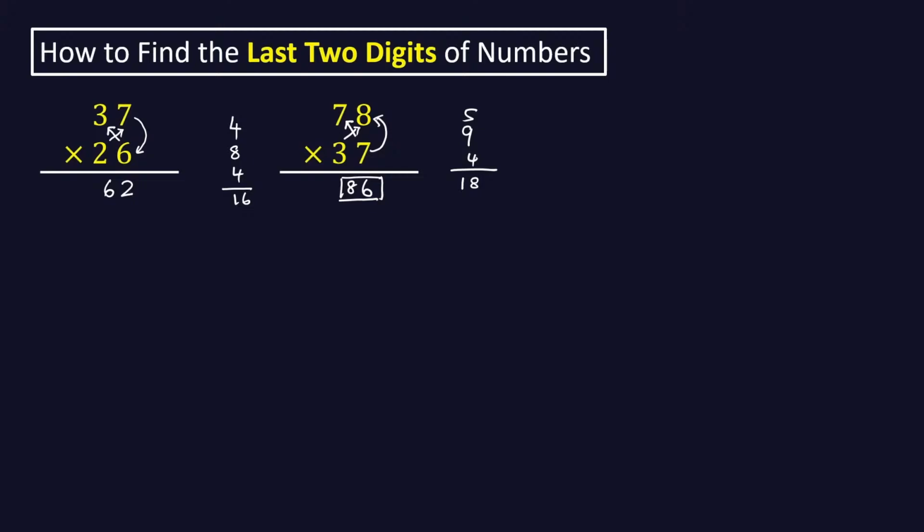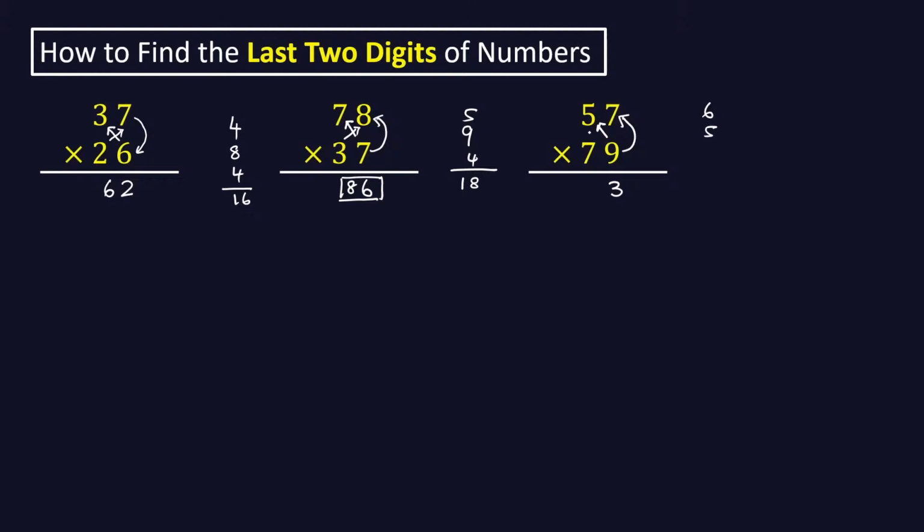Is it clear? Let me take another example. 57 multiplied with 79, what will be the last two digits? Again, multiply 9 with 7, that gives us 63. Write 3 here, carry 6. Then you go for crisscross multiplication. 9 5s are 45. Take the unit digit, that is 5.